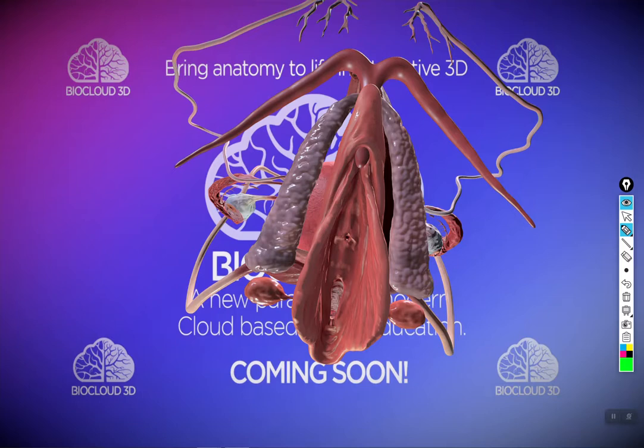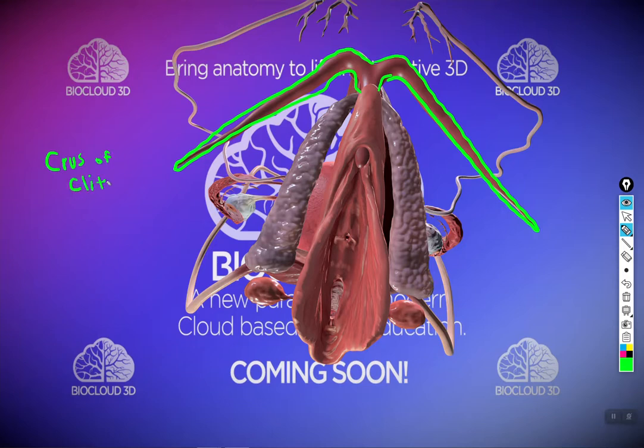Now, we also have these structures here. And these would be underneath the labia majora, so not visible from the outside. And they are the crus of the clitoris.